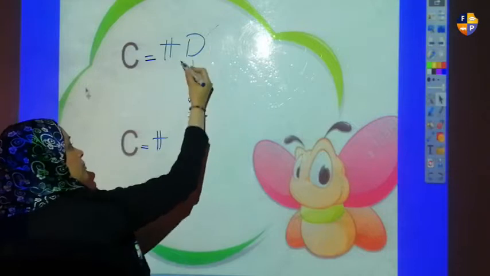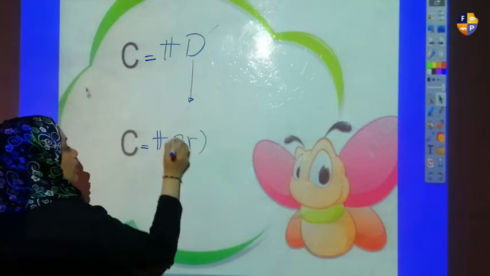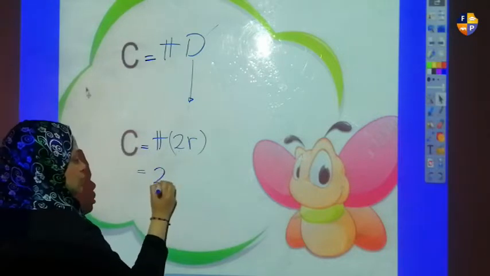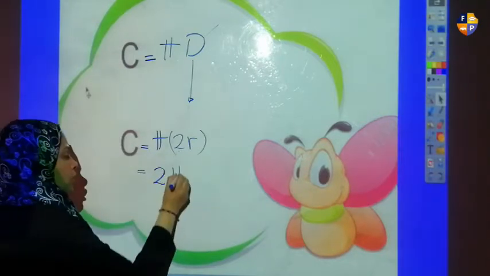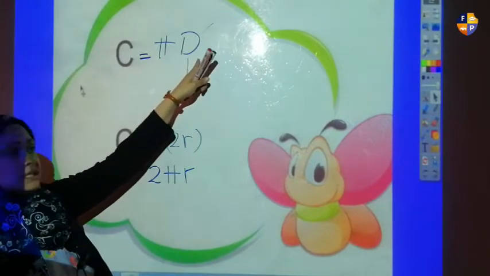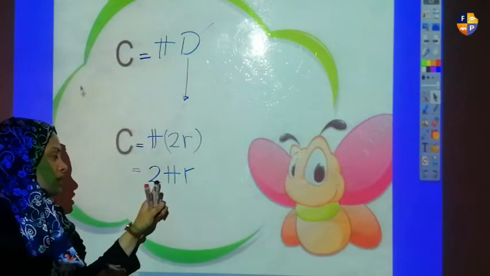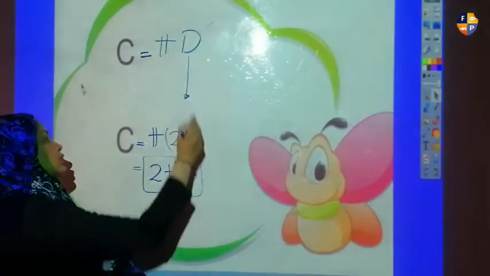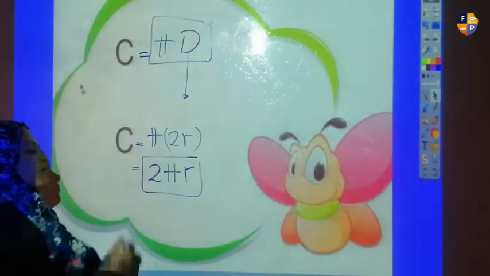So instead of the diameter, I can write 2r. Remember, in math language, it's better to write 2 first, after that pi, then r. So the first rule is pi times d, or 2 times pi times r. These are the 2 rules of the circumference of the circle.